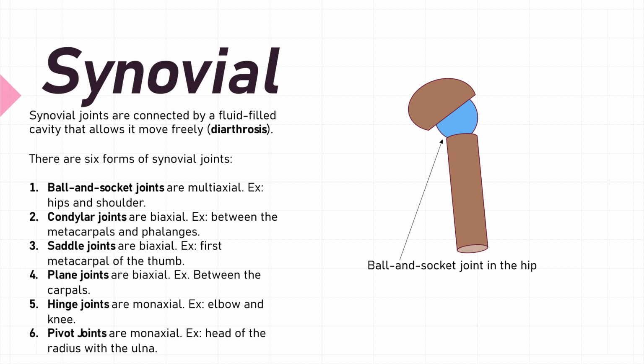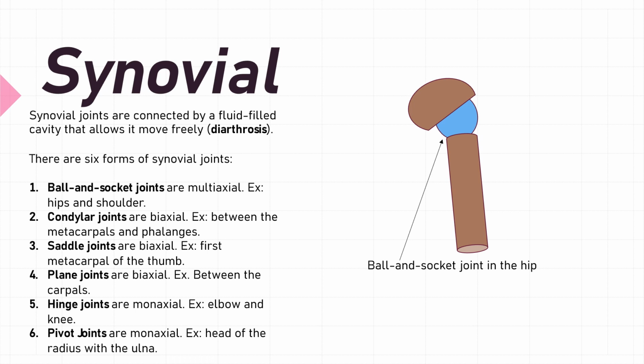Condylar joints are biaxial, meaning the joint can move in 2 axes or planes. Examples are between the metacarpals and phalanges. Third form is the saddle joints, which are also biaxial. Example is the first metacarpal of the thumb.